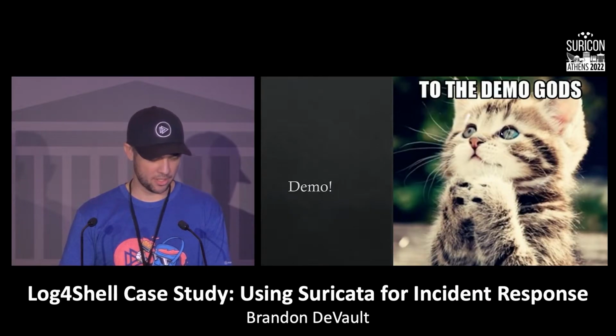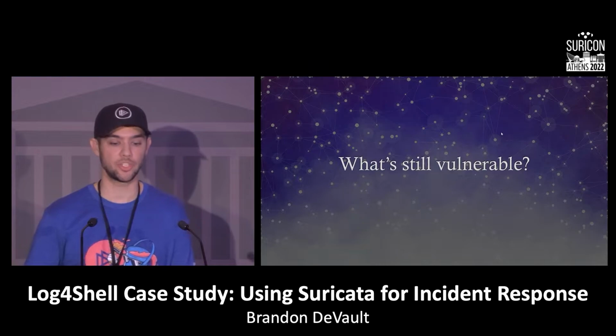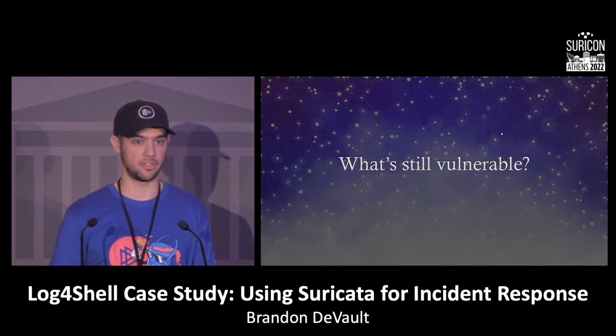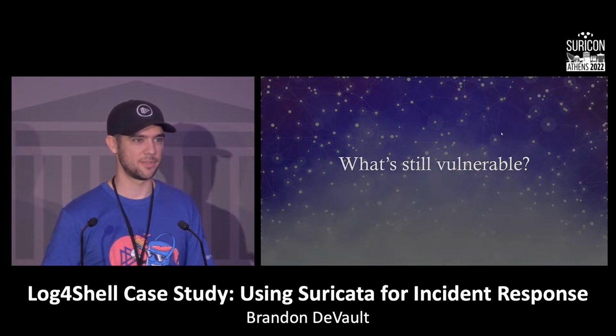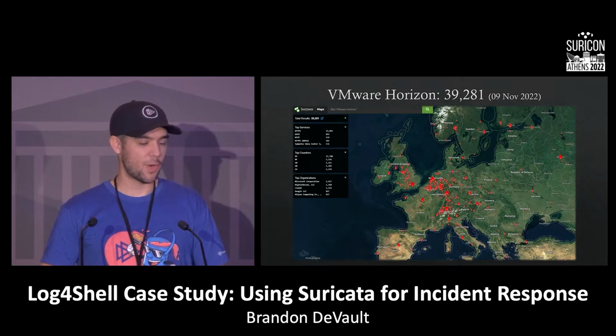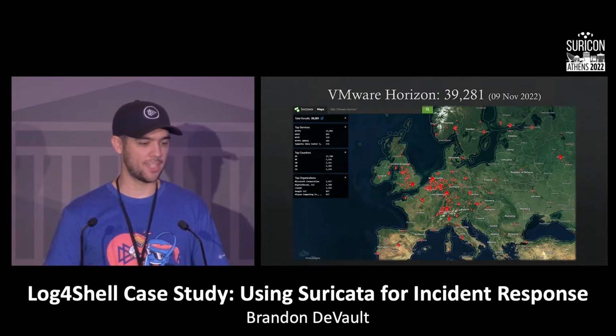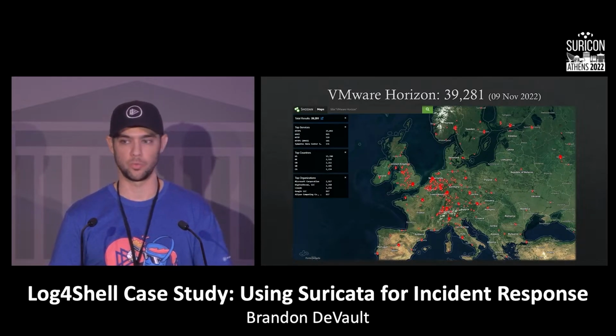All right, I'm going to talk through what's still vulnerable real quick, and then I'll come back to the demo while that's still building. So naturally, nothing is vulnerable still, right? This happened, what, early this year? So there can't possibly be that many things, at least, right? As of yesterday, there are over 39,000 publicly accessible VMware Horizon servers worldwide.